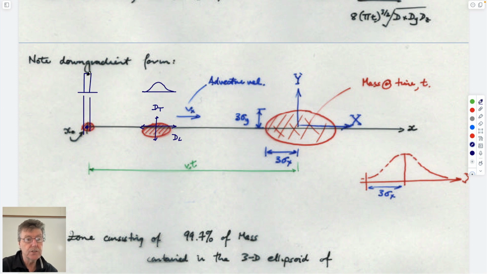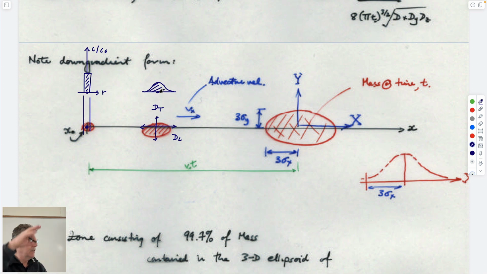Obviously, this is concentration on the vertical axis. This would be the radius, I guess, from the center of mass. This is the location of the center of mass. This area here is the mass that's put there. And so this area under here has to be the same.